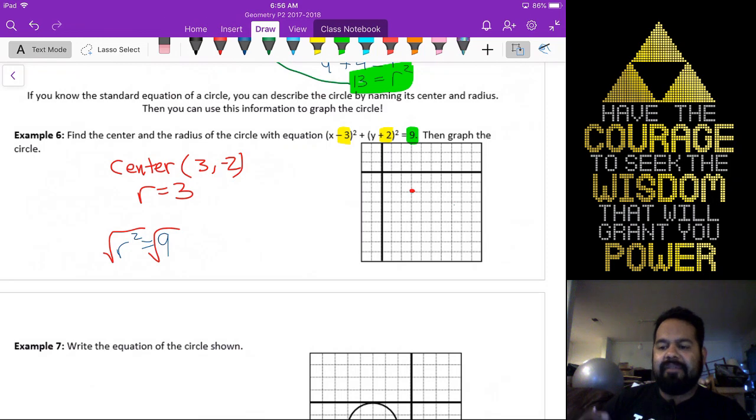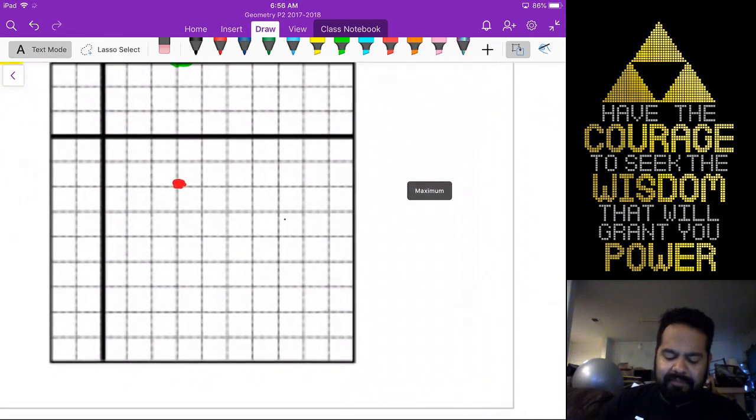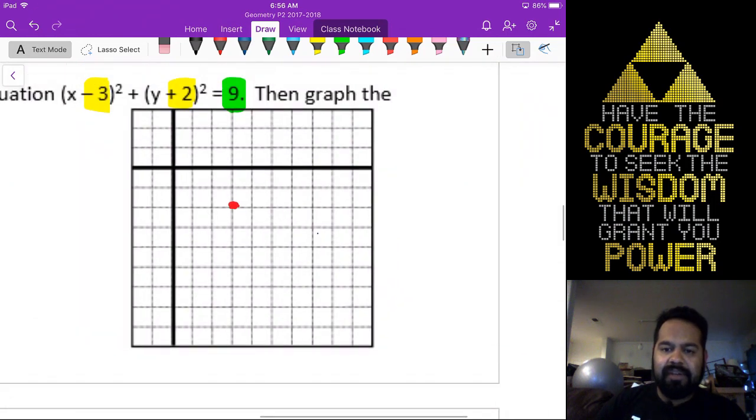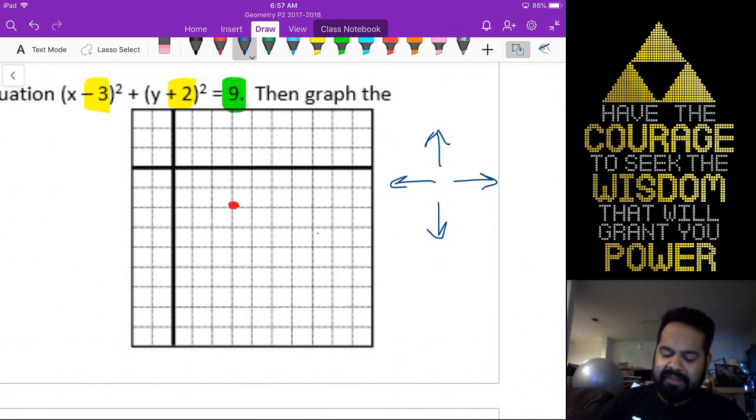I'm not going to have you measure every single point because that's just not possible. So instead, we're going to work with your cardinal directions. If you don't remember what those are, that's just like looking on an actual compass and looking north, south, east, and west. So we're going to go 3 units to the right, 3 units up, 3 units down, 3 units left. So those are 4 points that we're going to create.